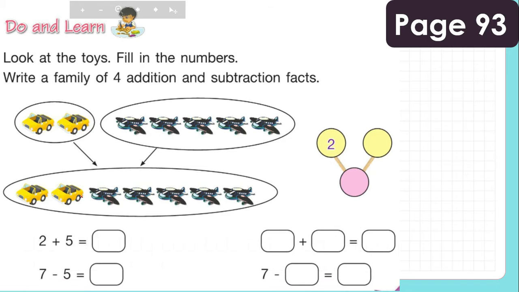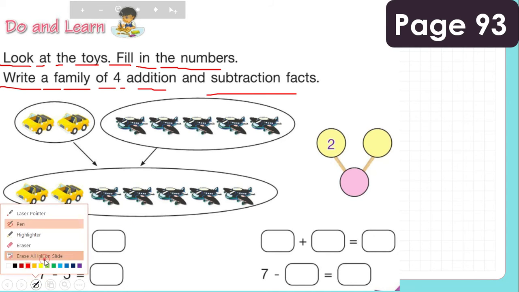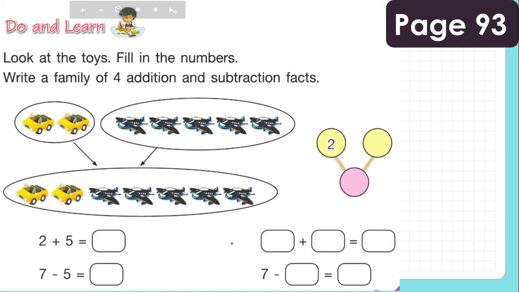How do we do this one? Look at the toys, fill in the numbers. Write a family of 4 addition and subtraction facts. For solving the problem, we have 2 addition and 2 subtraction facts. So first, what are we going to do?